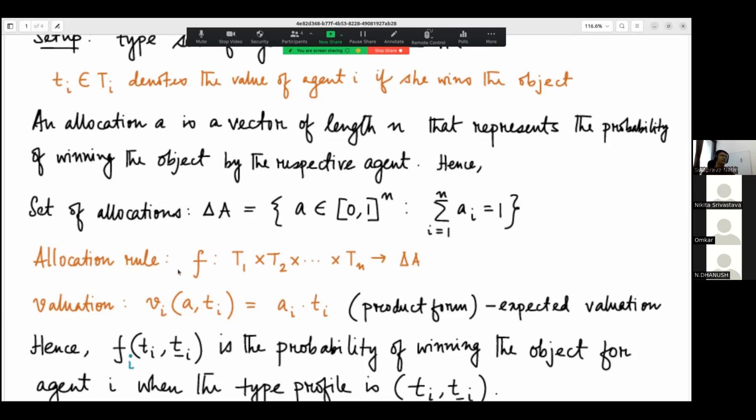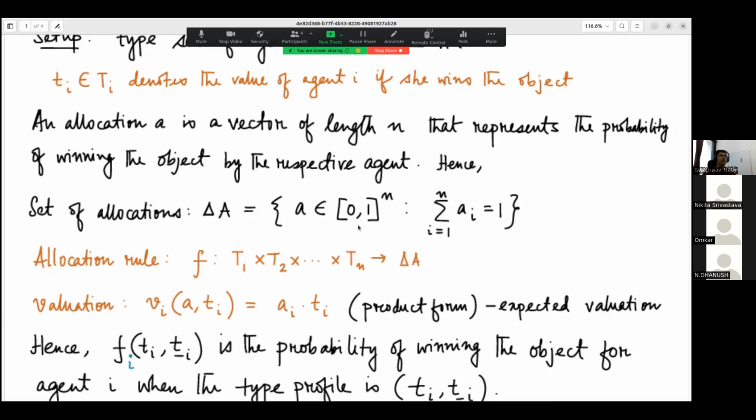Therefore, this set of allocations is given by this set, the delta of A, which is nothing but an allocation which lives in this space. It's a vector of numbers between 0 and 1, and if you take the sum, it becomes 1.